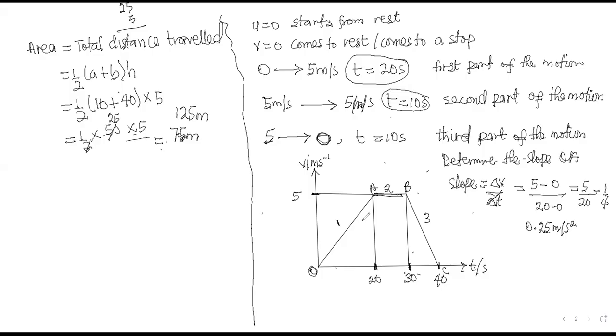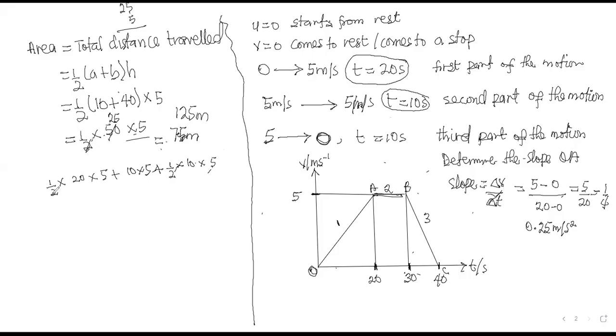And don't forget, you can also use the individual areas. This is a triangle: half times 20 by height, which is 5, plus the rectangle, which is 10 by 5, plus the other shape, which is another triangle: half base, which is 10, times height, which is 5.